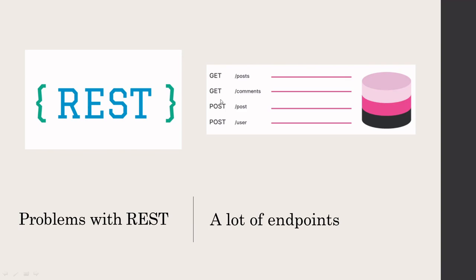For different types of requests, we have to create a lot more endpoints. For different types of HTTP requests, we have to make different endpoints. Let's take the example of get and post here. For a certain type of request, I am making 2 endpoints, right? So this is actually increasing the number of endpoints.